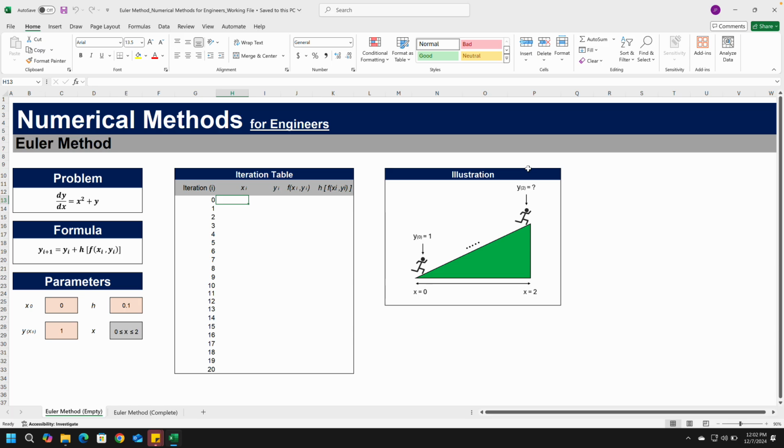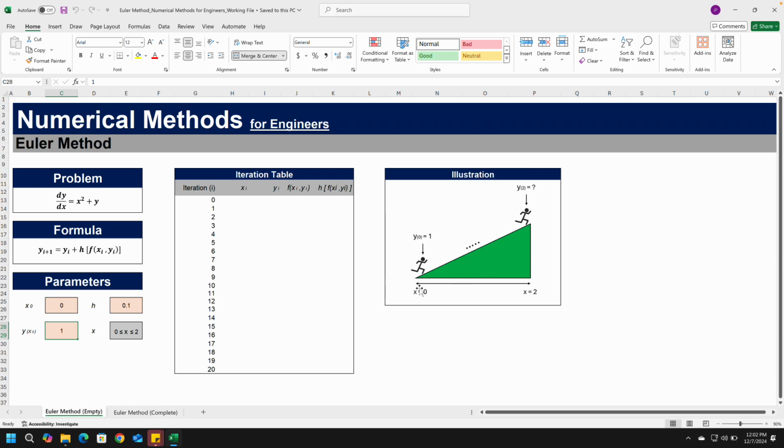Okay. So here we're given our problem, which is the ODE, or the differential equation, and we're given the Euler method formula, and here we're given the parameters of the problem. Our starting point is x0, which equals 0. We have our initial value, which at point 0, y equals 1.